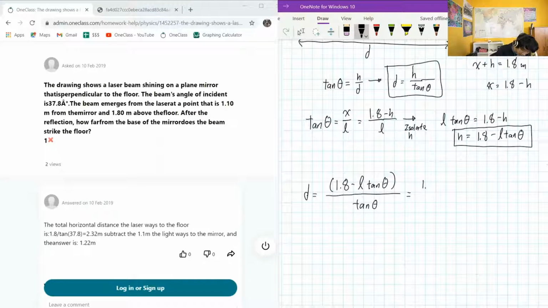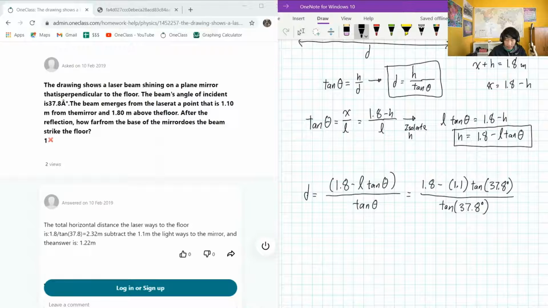So we'll have 1.8 minus 1.1 times tan 37.8 degrees, all divided by tan 37.8 degrees.